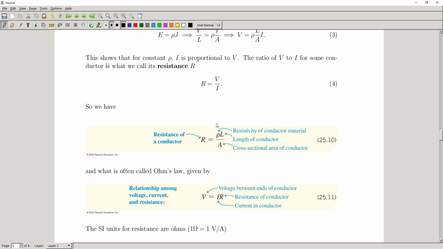The relationship between resistance, potential difference, and current, rearranging this equation, can be written like this: V equals IR.